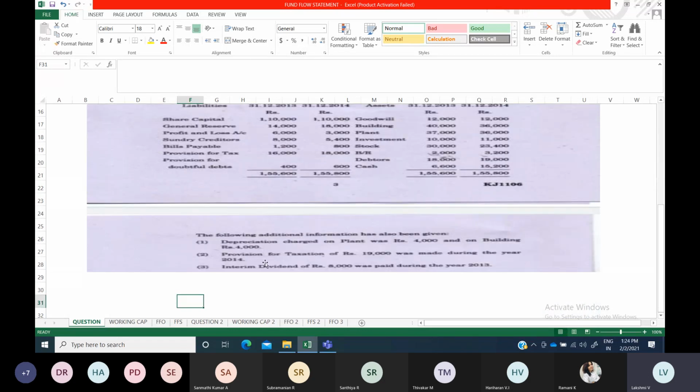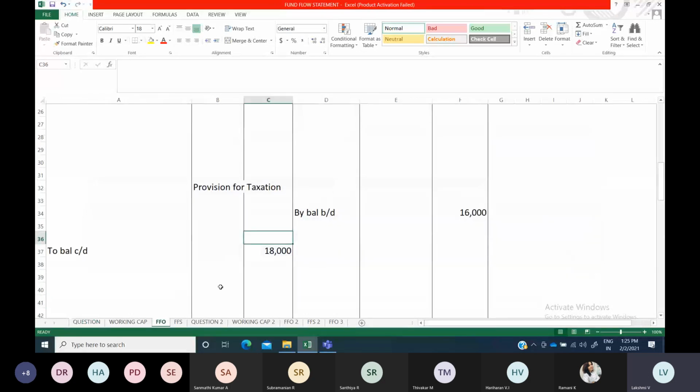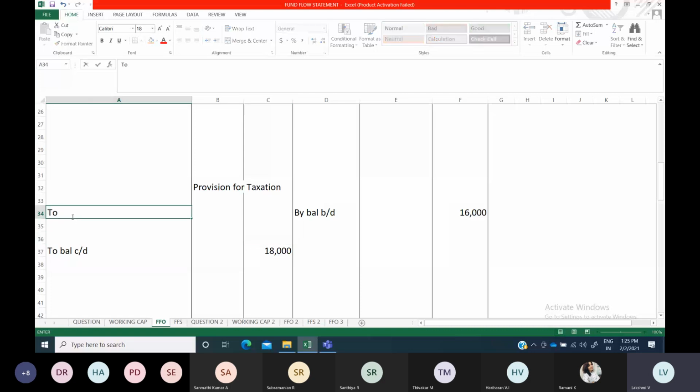If additional information is given about provision for taxation, prepare a separate account in this format, where the opening and closing balances are available on the liability side of the balance sheet. Now here one more thing will come: tax paid.